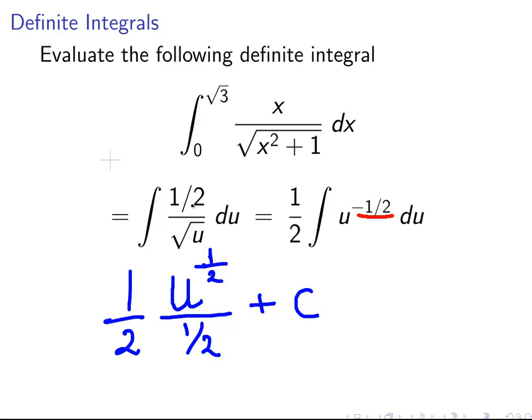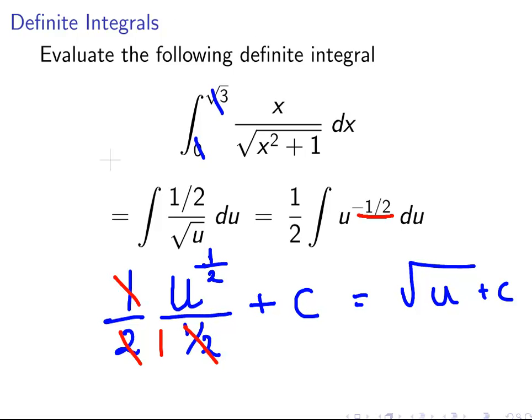For the sake of being correct, we're not going to look at the limits just yet. We multiply these terms: 2 times 1/2 is 1, and 1 divided by 1 cancels out. So we're left with the square root of u plus c.